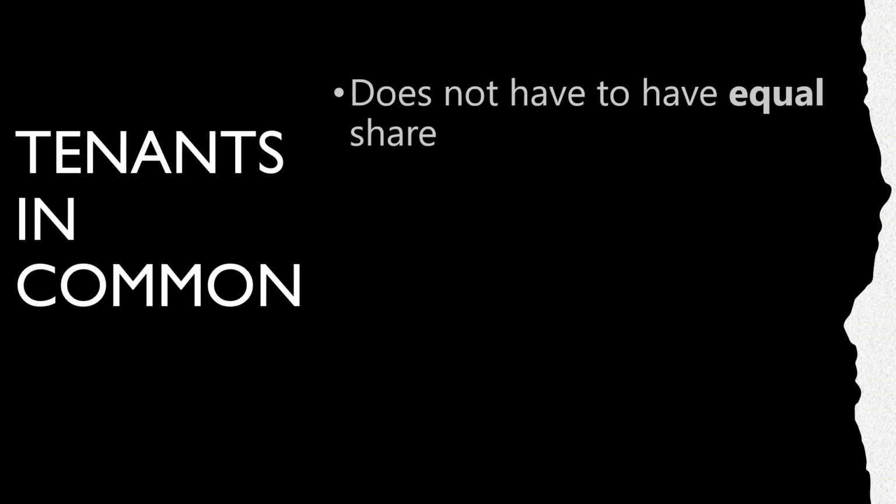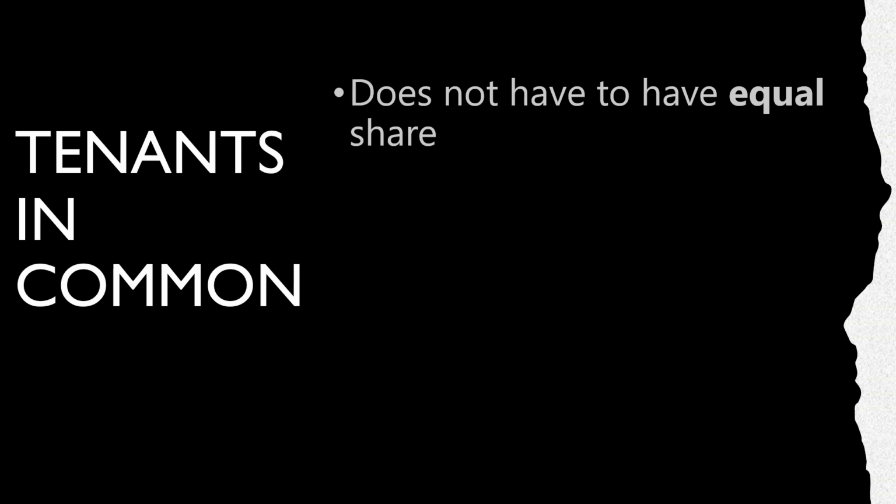Tenants in common presents itself where, again, 2 or more individuals own this property. It does not have to be equal. So if it's 2 people, one can own 60% of it, the other individual 40%. If it's 3 people, it can be split up whichever way. It does not have to be equal shares.